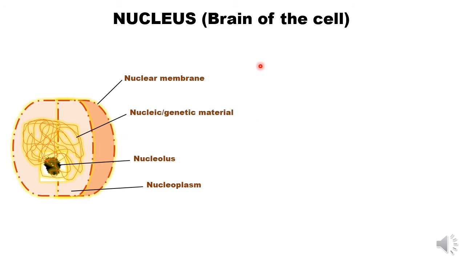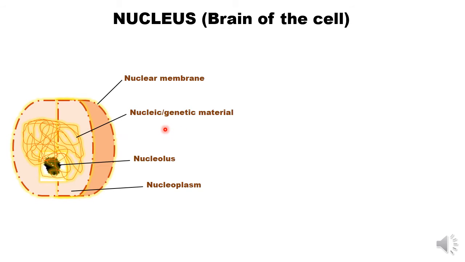Moving ahead, now we have come to a very important part of any cell. Let me make it very clear. By nucleus I mean the part where nucleic material will be present. Now this part is found in both kinds of cells, whether prokaryotic or eukaryotic. Nucleic material will definitely be present in both types of cells. What will be the difference?